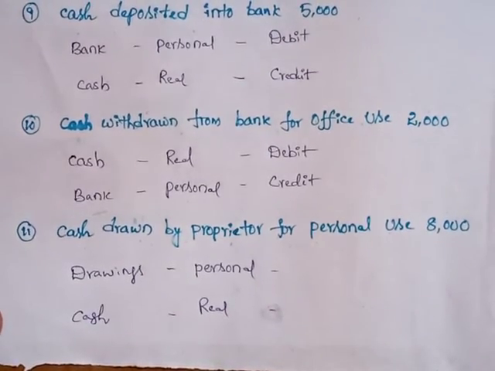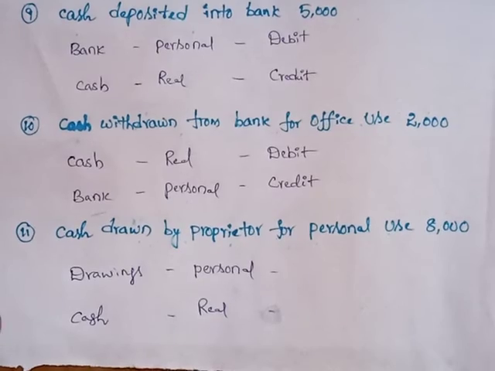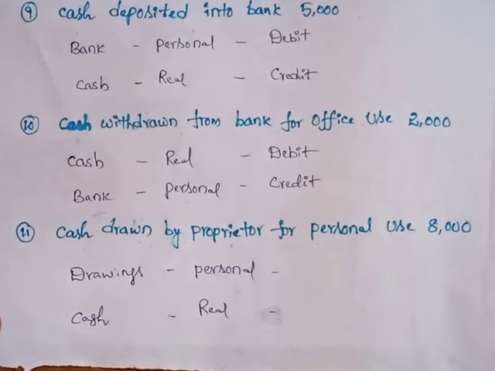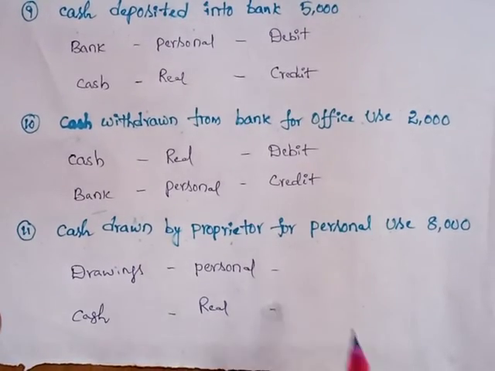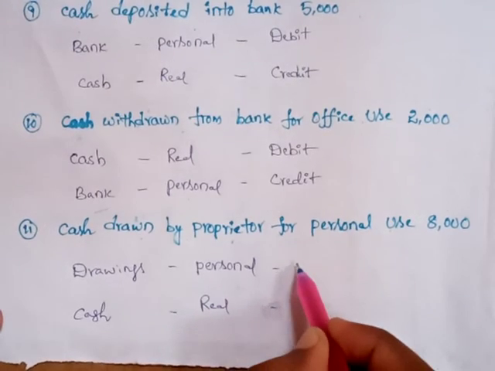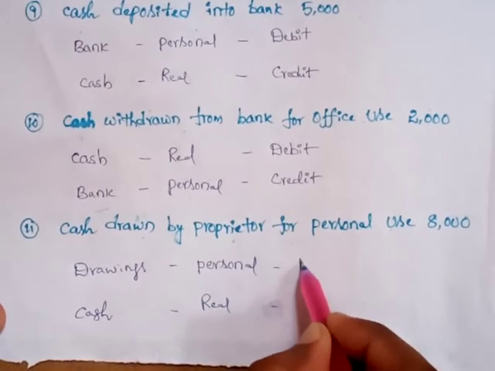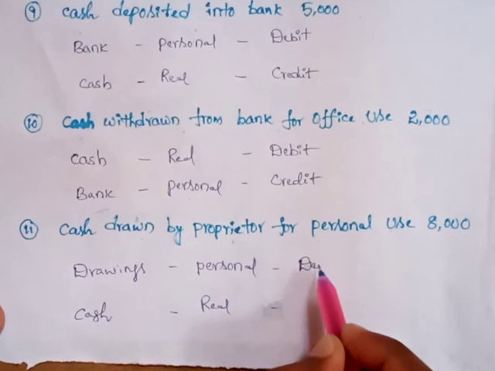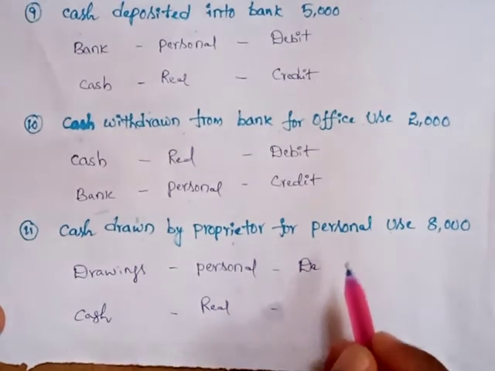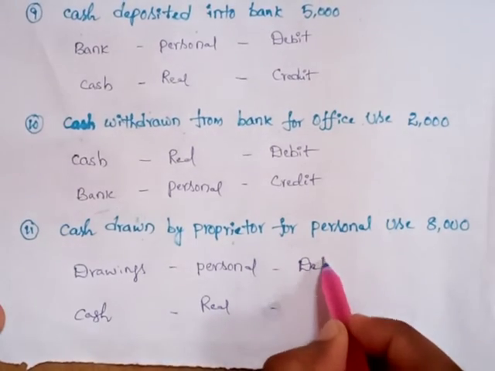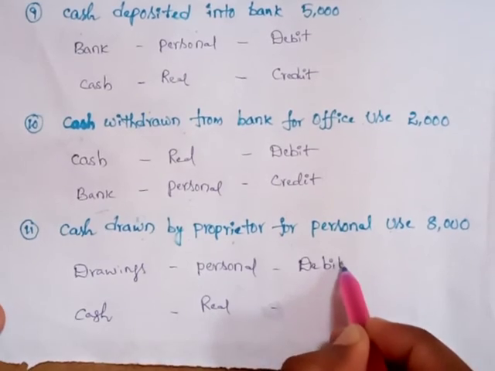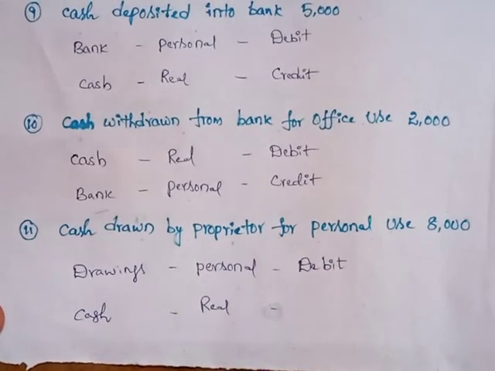So here proprietor takes the cash for his personal use, that's why here drawings is a debit. Why? Because proprietor is receiving the cash. So receiver, according to personal account, will be debit.